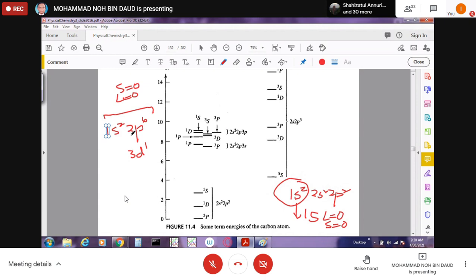What you need to consider here is only the open shell orbitals, only this d1. So overall, this will give L2, and S half, so 2 times half plus 1, a doublet D state.